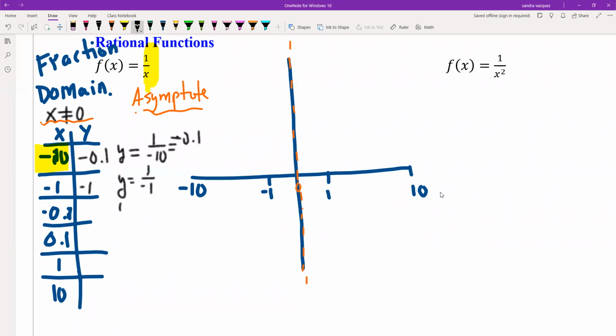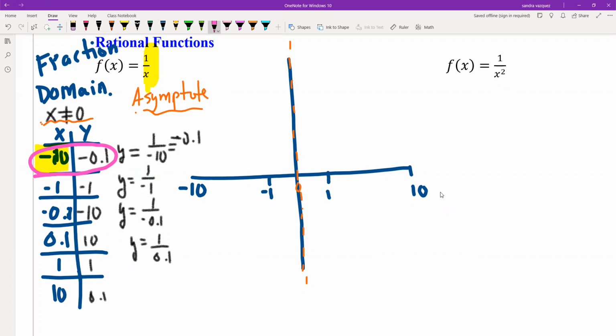Plugging in the -0.1, y equal to 1 over -0.1. Now, when you're doing these problems, you have to use your calculator, otherwise you're gonna struggle. I get -10. Okay, when I plug in the positive 0.1, I get 10. When I plug in the 1, I get 1. When I plug in 10, I get 0.1. Okay, so now I am ready to plot the first point.